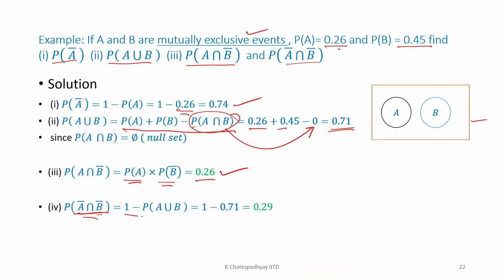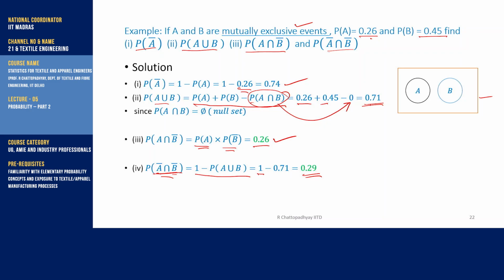This will be 1 minus P(A union B). So 1 minus 0.71, we have found out, this is going to be 0.29. So this is how we can find out the probabilities.